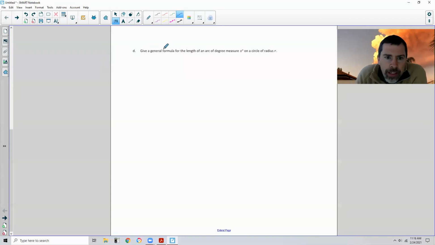Okay, part D says to give a general formula for the length of an arc of degree measure x degrees on a circle of radius r. Okay, so arc length equals x degrees over 360 degrees times 2 pi radius r.